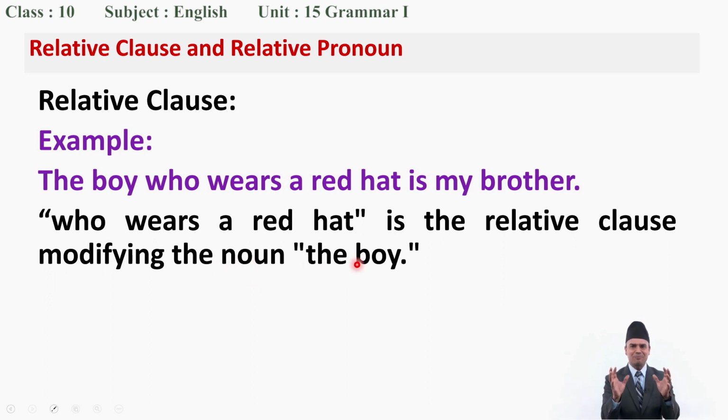That means, my dear students, this relative clause gives extra, further information to this noun, the boy. Who wears a red hat is the relative clause, modifying the noun the boy. So I hope you understand it. Any queries, any questions? Please don't be shy to raise a question. I will be really happy to answer your questions.